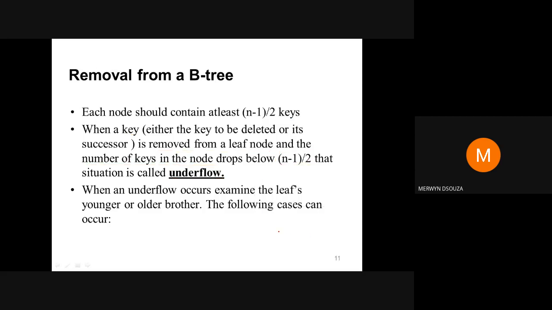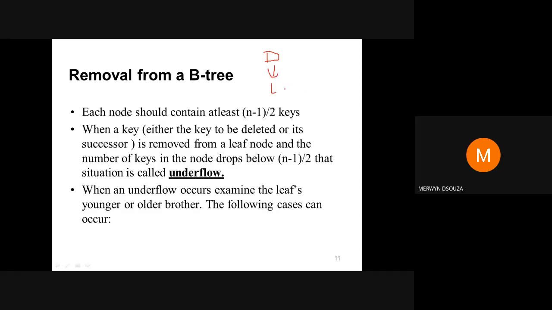If underflow happens, then there are 4 cases that can happen. We'll look at those cases in general. What you need to remember from these slides is, first of all, when doing deletion you are always going to delete from the leaf node.